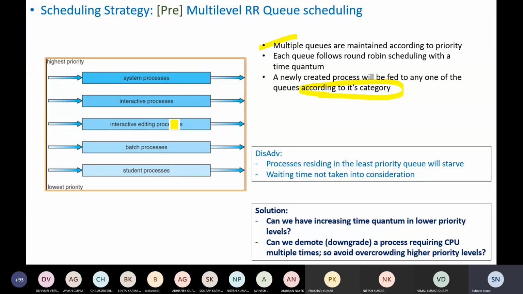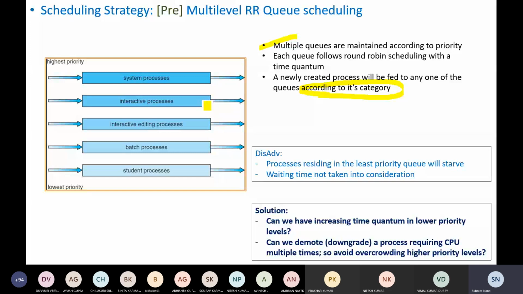The processes which are system level will enjoy the highest. Interactive processes also get a significantly higher priority, because they will not be engaging the CPU too much, as they are mostly interactive. So that's why they are given the priority.